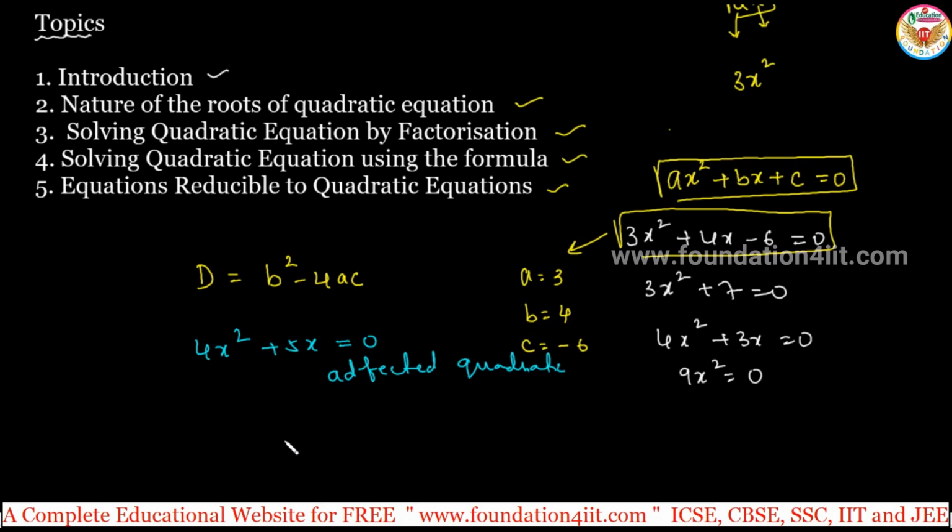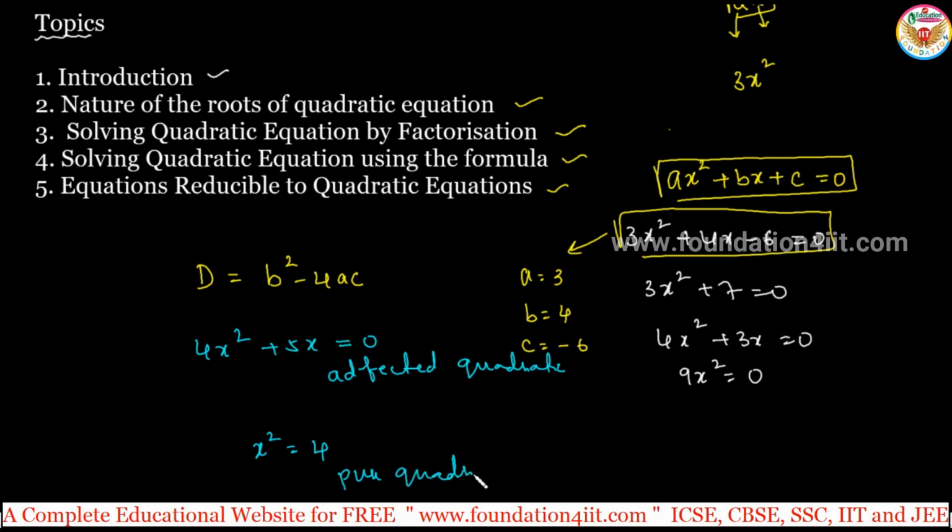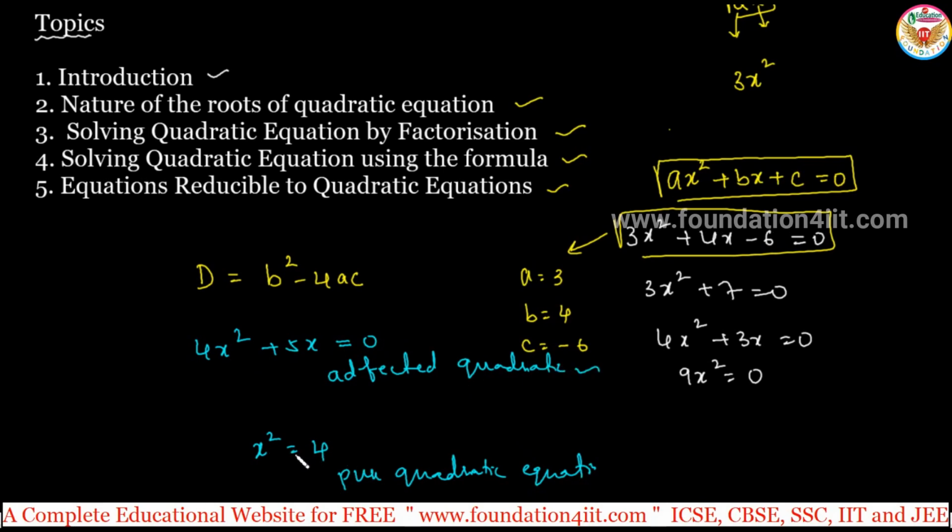And one more, just an x squared term and a constant, no x term. So these are pure quadratic equations. Affected quadratic equation: only x squared term and x term, there is no constant. Pure quadratic equation: only x squared term and constant, there is no x term. So in the general form, a should not be 0.